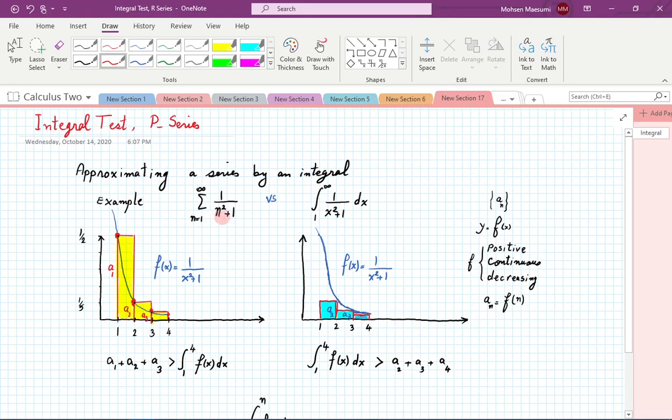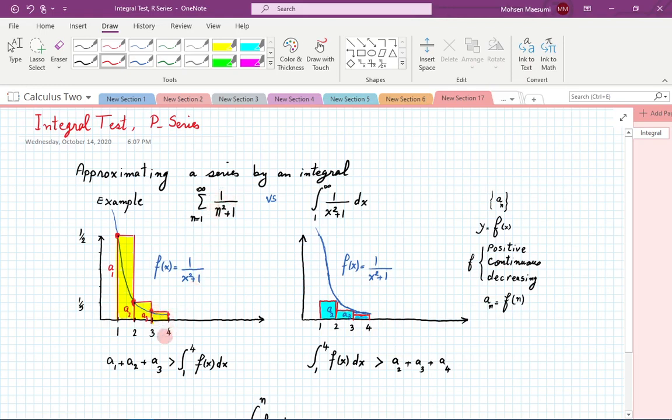So when n is equal to 1, the term is 1/2. Well, the area of this rectangle is also 1/2. At n equal to 2, the height becomes 1/5. The area of this rectangle is also 1/5. And so on. Here at n equal to 3, the height of the term in the series is 1/10.